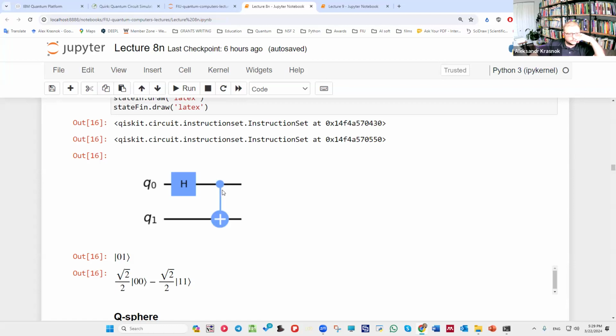We need this circuit basically to create the entangled state of 2 qubits. This is an operation that we significantly need, for example, for quantum teleportation that we will discuss today.